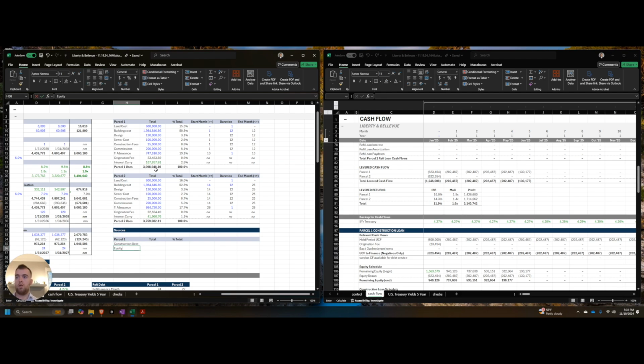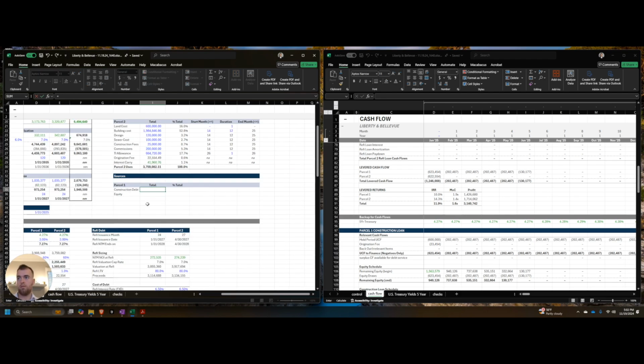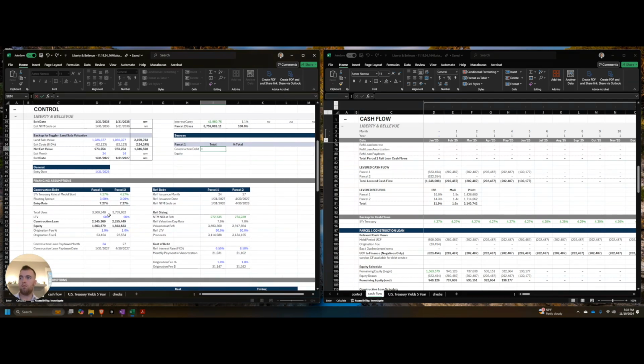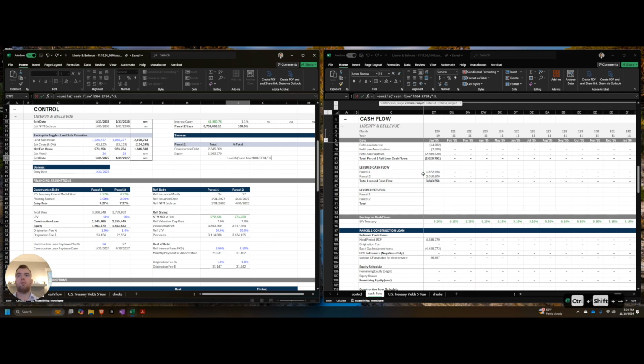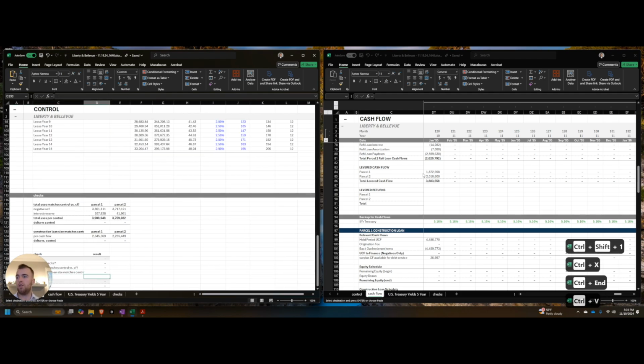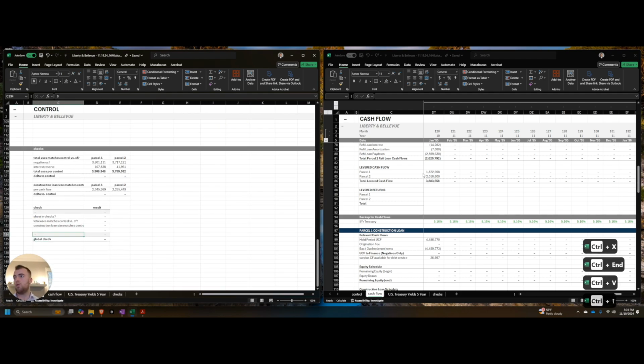Construction debt. You always want to make sure that your negative cash flows actually match your equity.